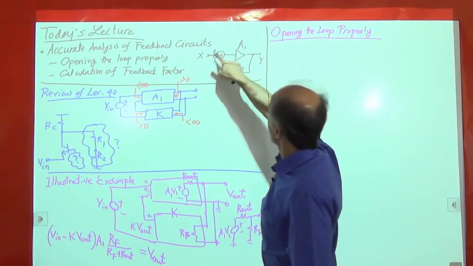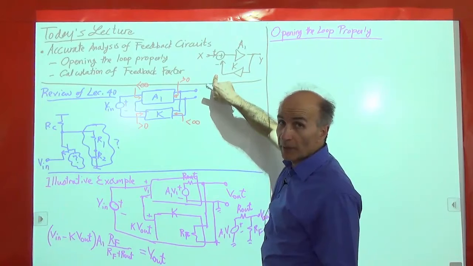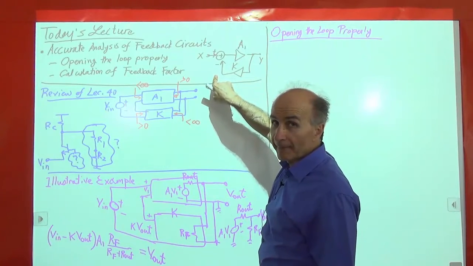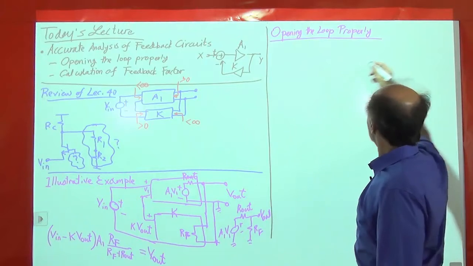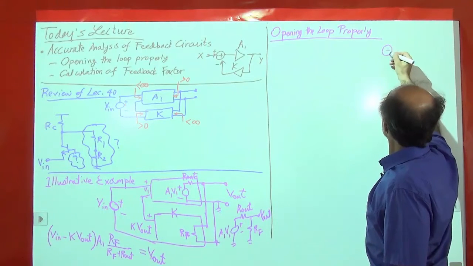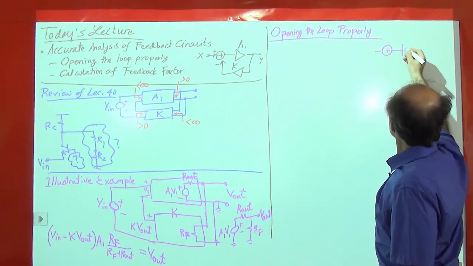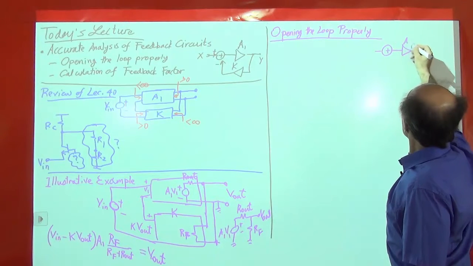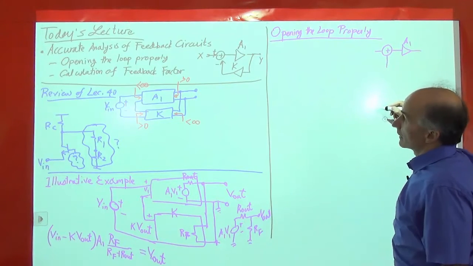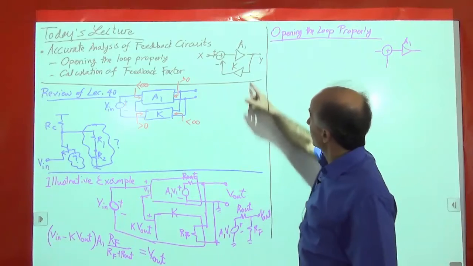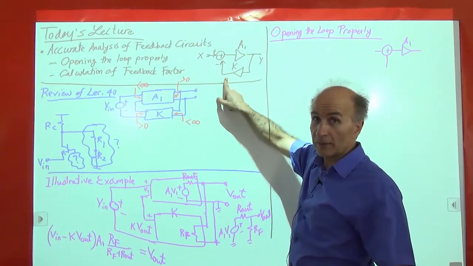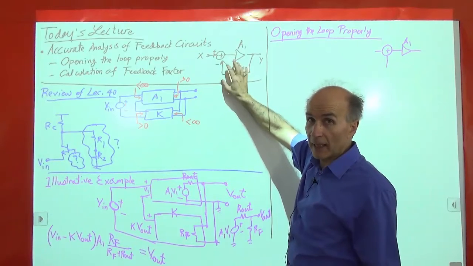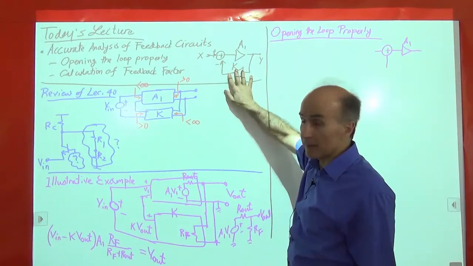Okay, so here's the situation, right? I have this, and I need to open it. All right? Okay, so my approach is as follows. I am going to open the loop. So here's A1. The key question is, do you break the loop here or do you break the loop here, right? Ordinarily, it shouldn't make any difference in the ideal case, right? But now we have these loading effects.